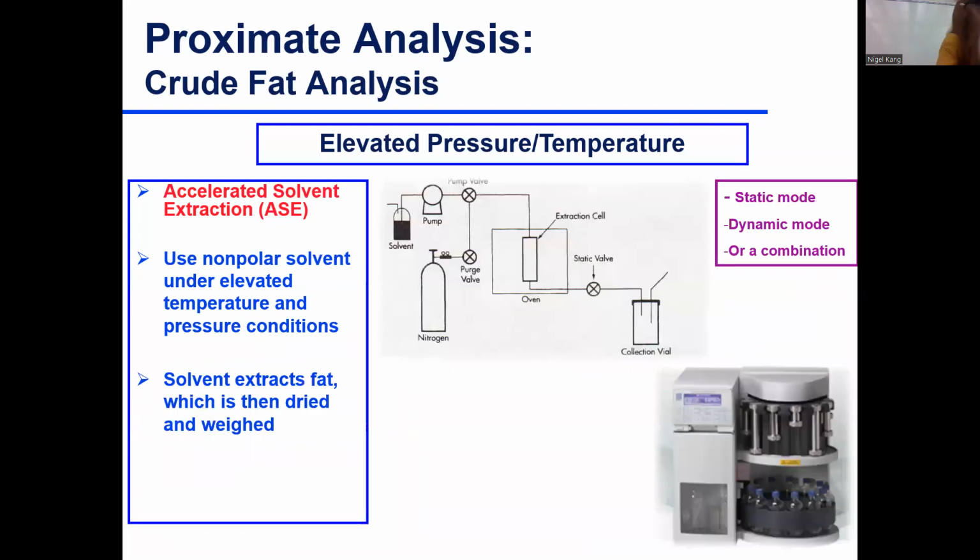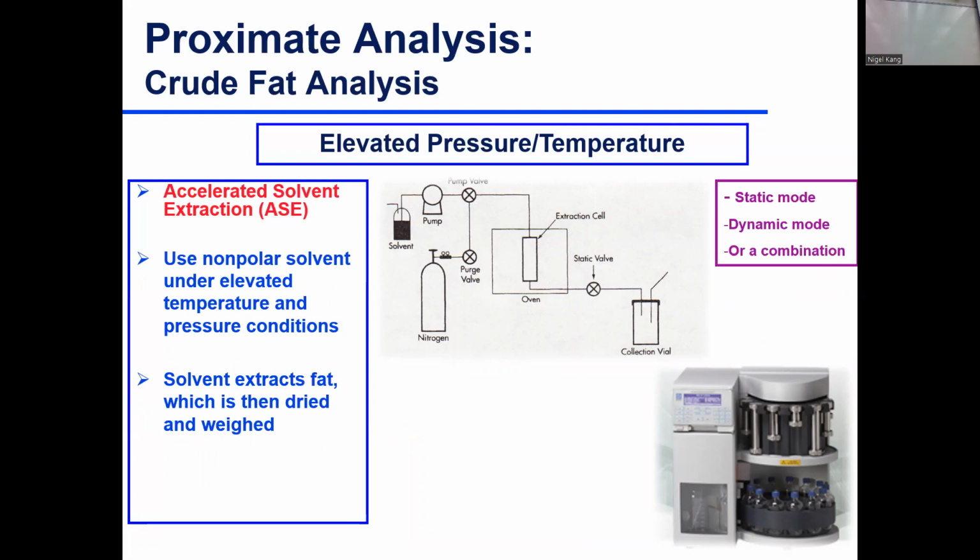No? The other method with high pressure and temperature is accelerated solvent extraction, or ASE. So again, here we don't use a gas. We directly use a solvent, which is usually a non-polar solvent.